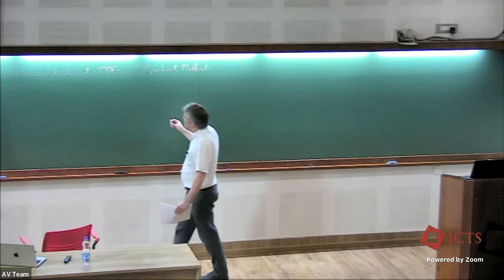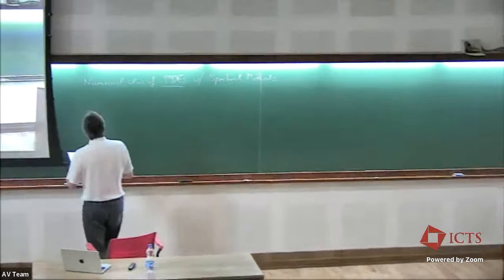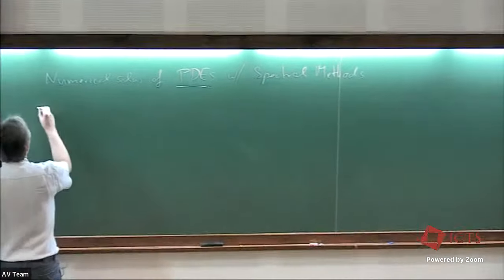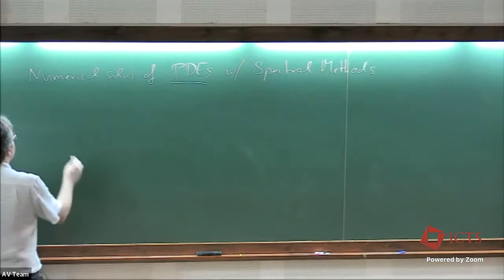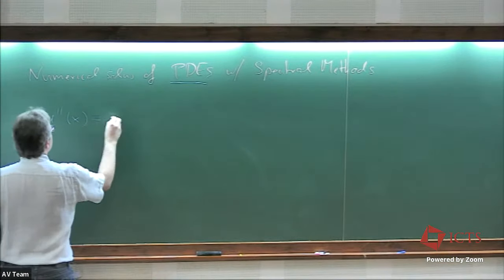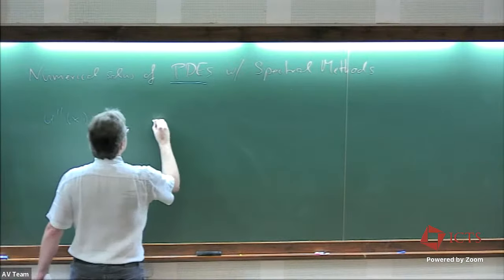Okay, so what type of equations are we talking about? I'm actually quite open to pretty much any type of PDE. Our goal is to solve equations like the Laplace equation, so elliptic equations.